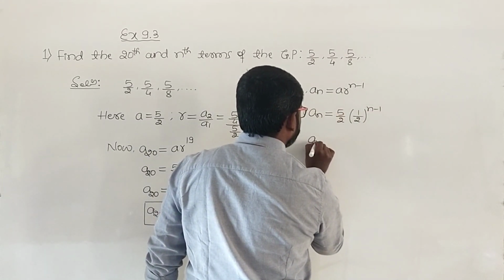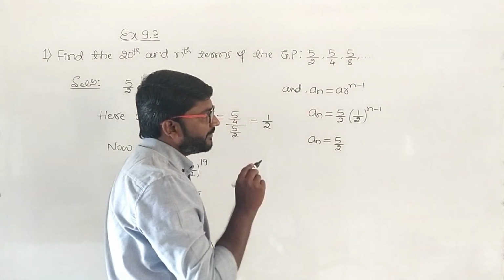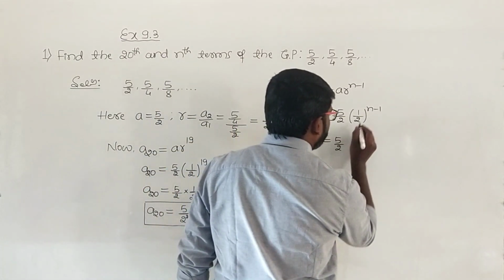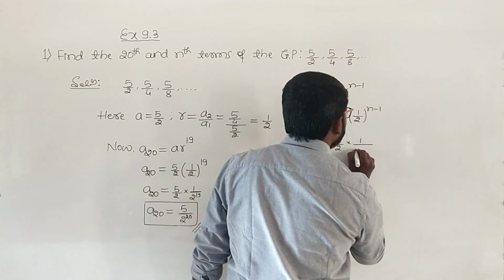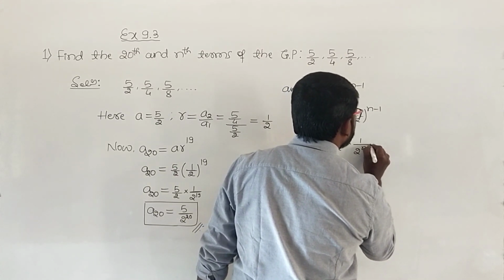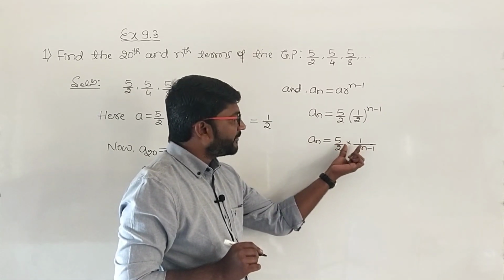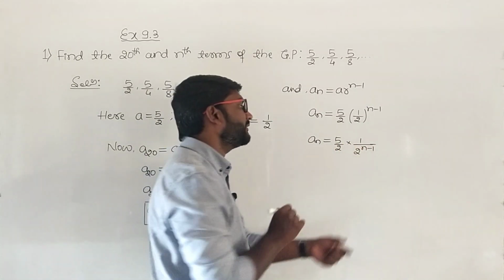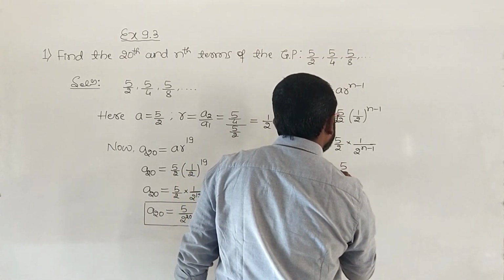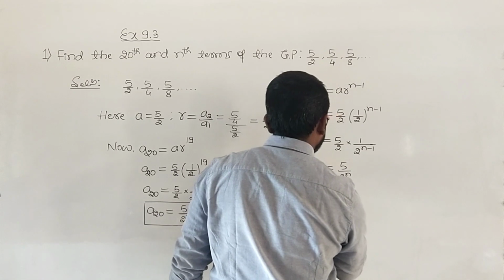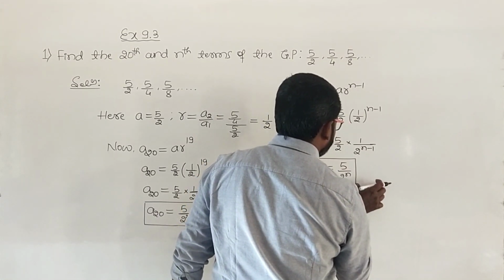The power applies to the numerator as well as the denominator, and 1 raised to n minus 1 is 1. So you get 1 divided by 2 raised to n minus 1. Now 2 raised to 1 into 2 raised to n minus 1: add the powers, plus 1 minus 1 cancels, and you get n. So An equals 5 divided by 2 raised to n. This is the nth term of the given geometric progression.